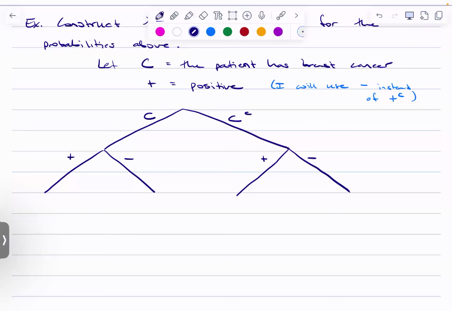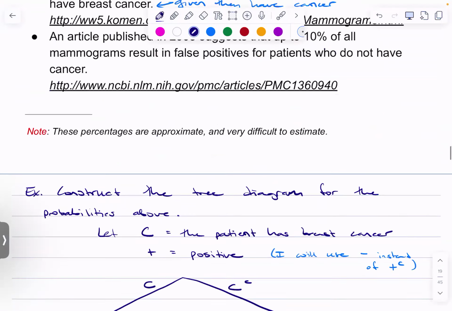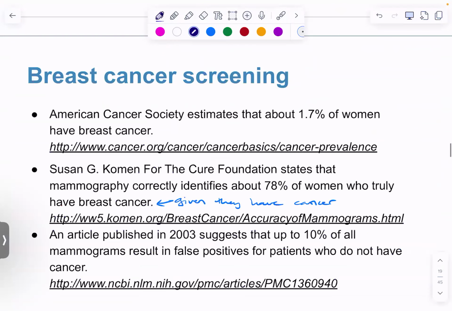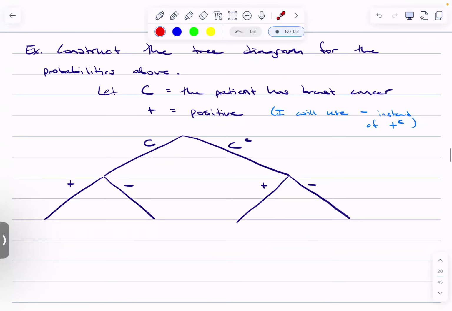Now we were given the probabilities for each of these in the blurbs. Let's start here. 1.7% of women have breast cancer. And so for our math, we have to use the decimal version, right? So 1.7%. You want to be really careful.